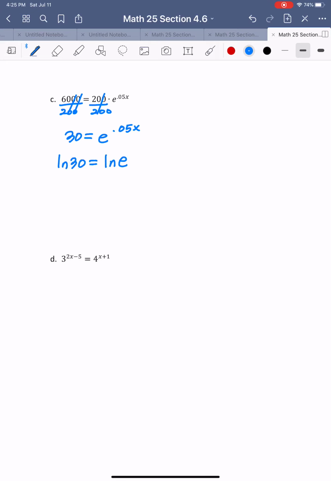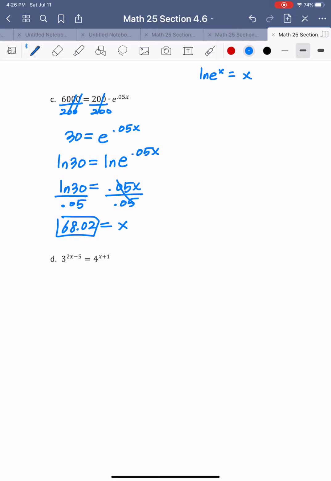So ln 30 equals ln e to the 0.05x, but ln e to that is the same as 0.05x, because ln e to the x is the same as x. To solve for x, divide by 0.05 on both sides. So x equals ln 30 divided by 0.05. I have 68.02.